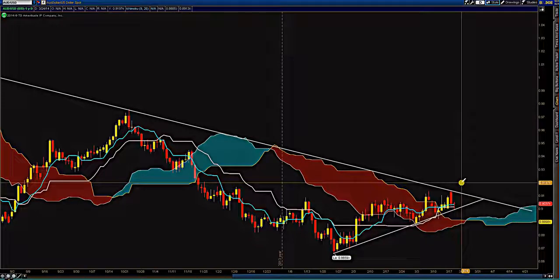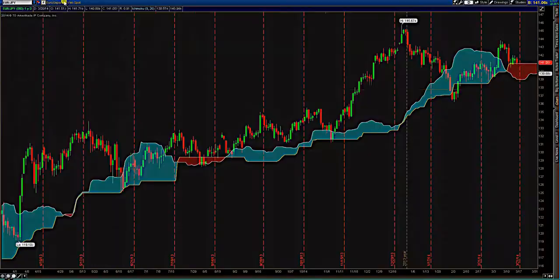My next one is how to use different indicators in conjunction with the Ichimoku Kinko to get a higher success rate in your trading. But for right now, I just want everybody to get familiar with, one, identifying the trend or the sentiment.